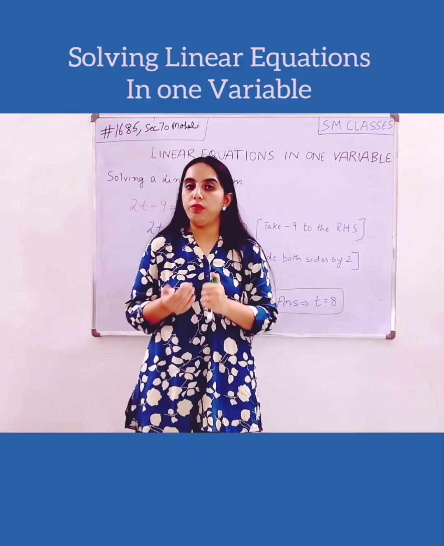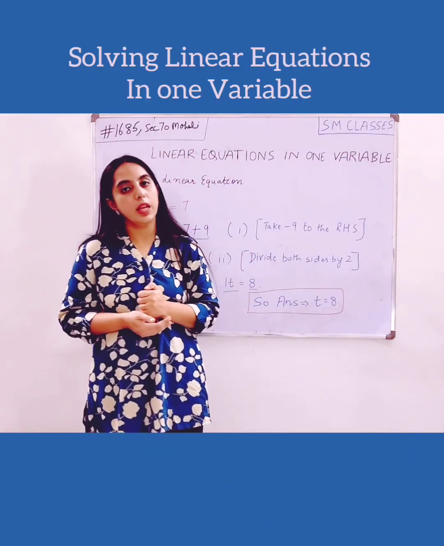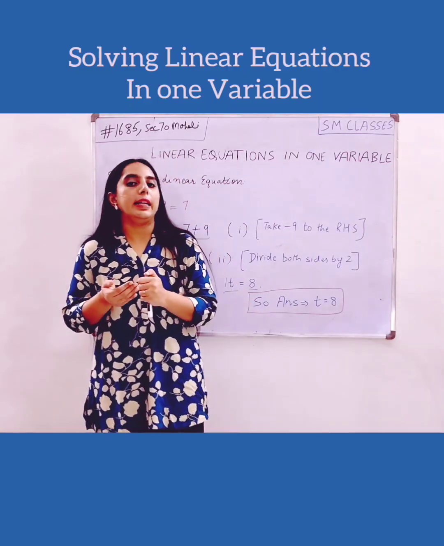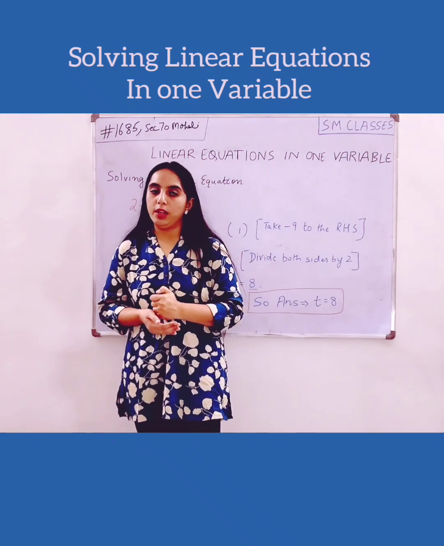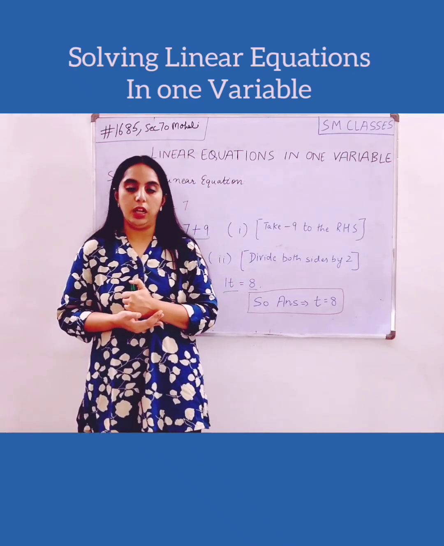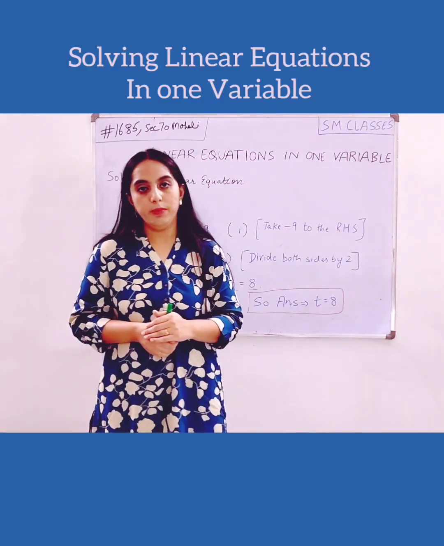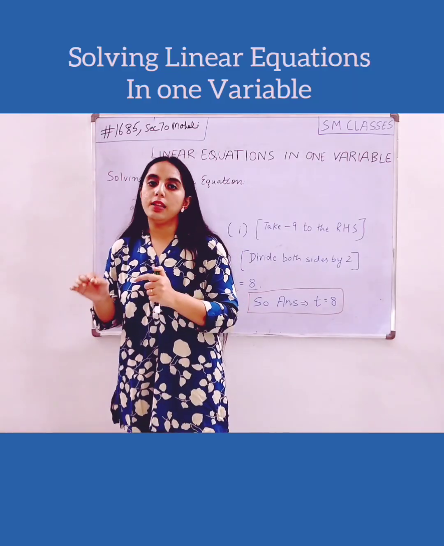Now how to proceed further? We only need the value of t. So what we do is, on the left hand side, since we have 2t, we divide it by 2. Why? Because 2t divided by 2 gives us 1t, and thereby we can get the value of t. So, if on the left hand side we have performed an operation, the same operation will be performed on the right hand side simultaneously.